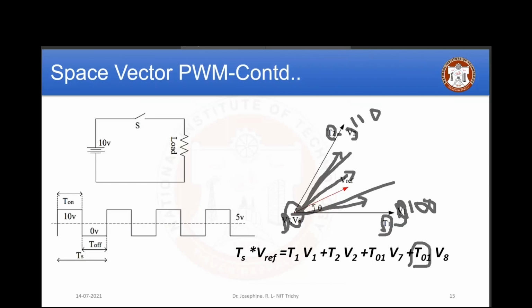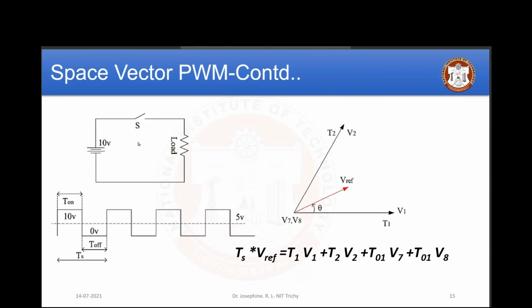If I use between these two, it is going to be somewhere between, like this. If I operate V7 or V8, obviously I'm going to operate a 0 value. That means its magnitude is going to decrease. So this is how we're going to operate here.